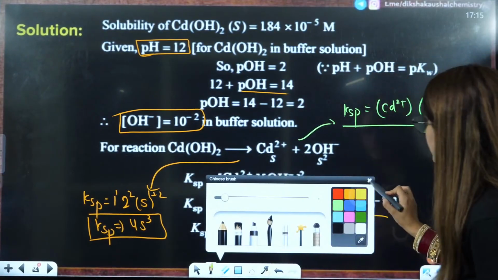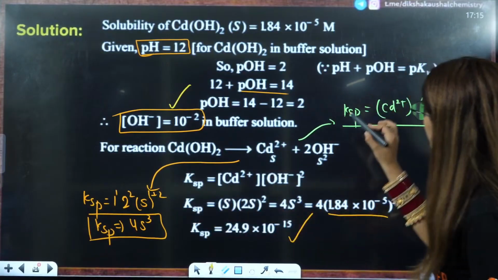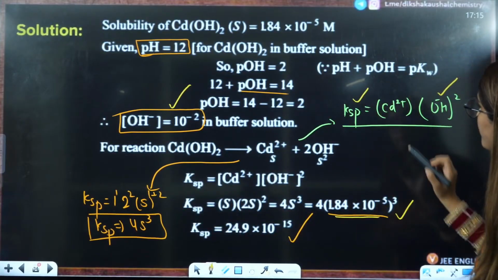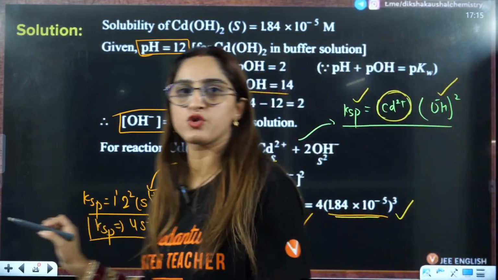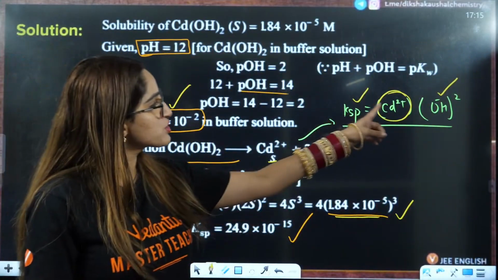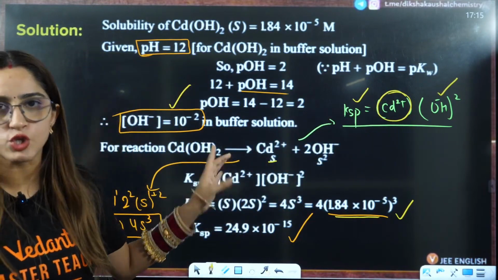From here we know the concentration of OH negative, and we know the value of Ksp also. The Cd2+ concentration will be the same as the concentration of Cd(OH)2, right?